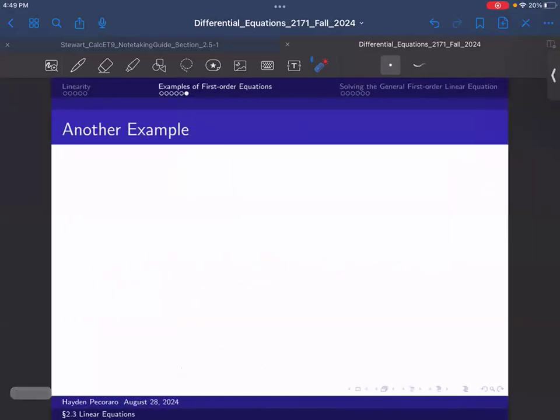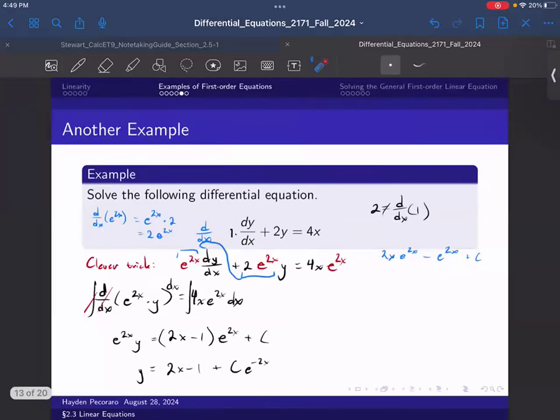You had 2e to the 2x y. Where did that 2 go? It went into the derivative. So if I take the derivative with respect to x of e to the 2x times y, I do the product rule, right?